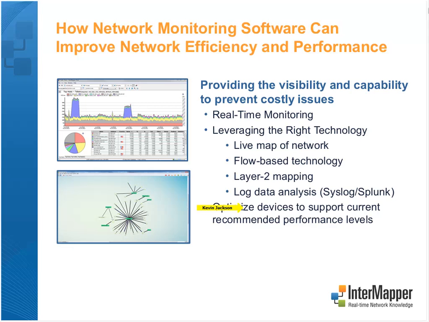If it's justified, then you want to scale up so you can maintain that performance. So again, you want to be able to optimize all your devices once you've discovered them and provided the right directives in terms of what you want those devices to do. Now you can optimize them and make sure they're performing the way you want them to.